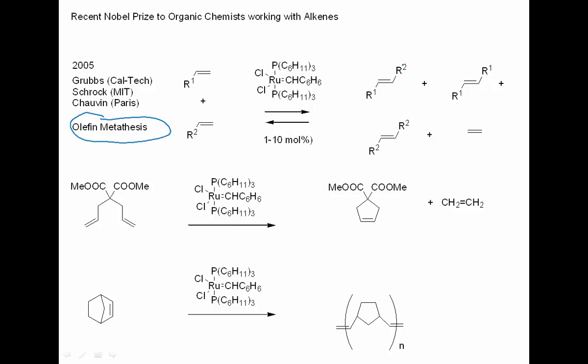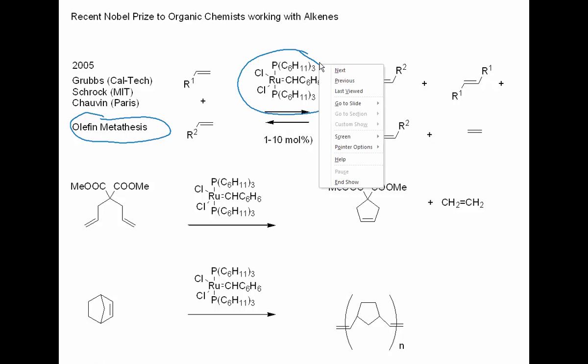This catalyst here catalyzes it, and this produces all possible combinations of R1 and R2 on the alkene: 2 R1s, 2 R2s, ethylene. In some cases, this reaction that seems like it's messy can actually be very selective.